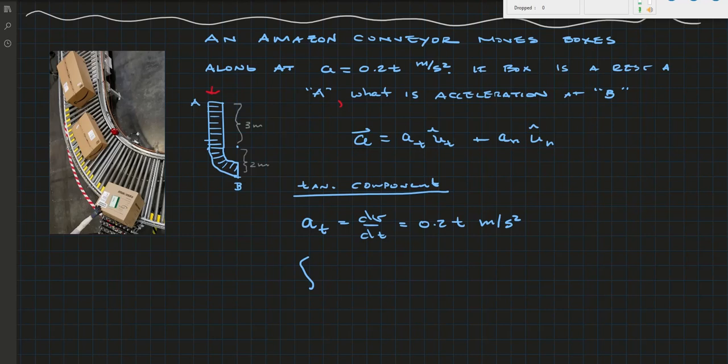So the integral of a dt from 0 to t equals our integral of dv from 0 to whatever our velocity is, v.